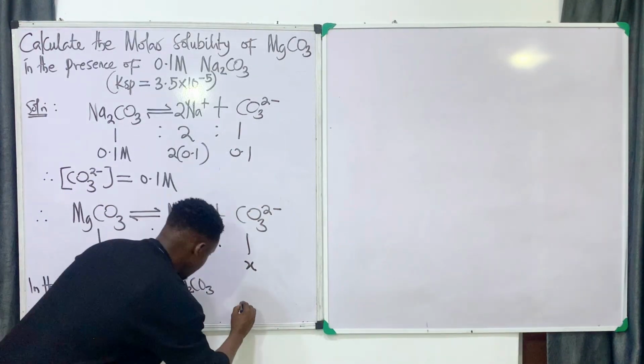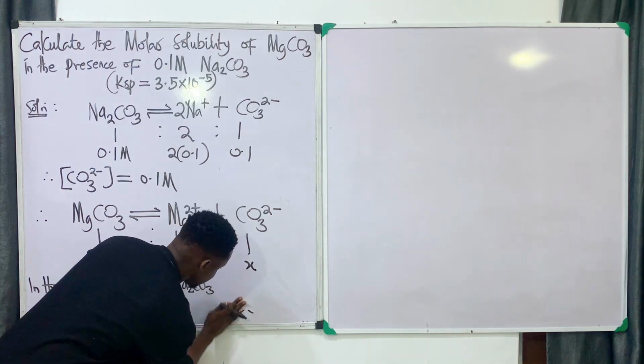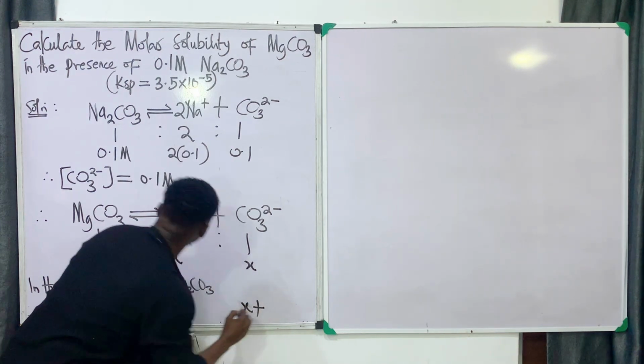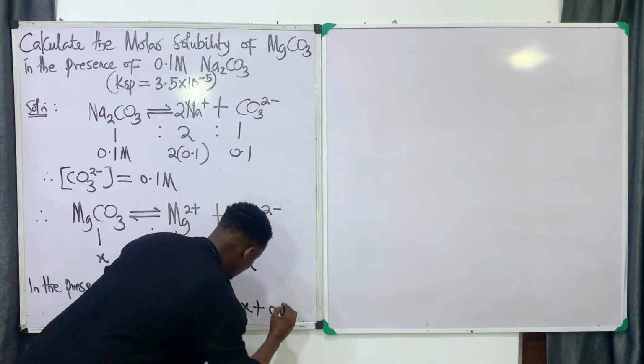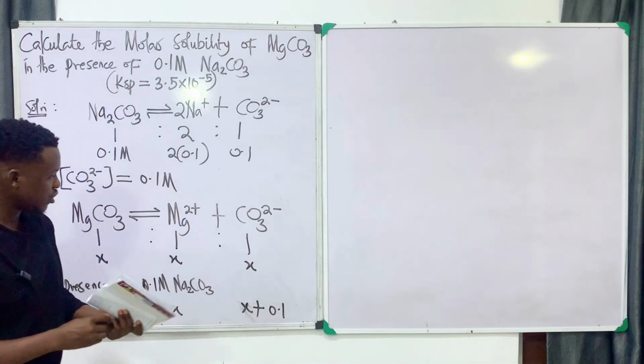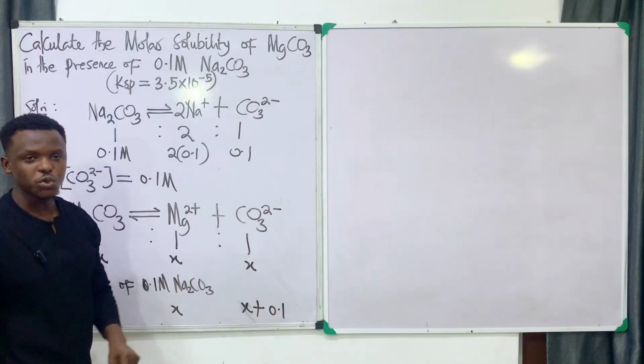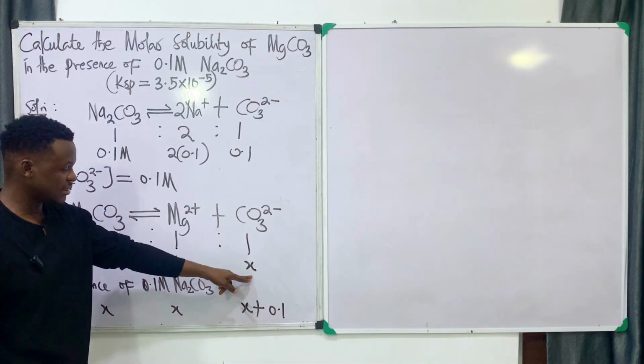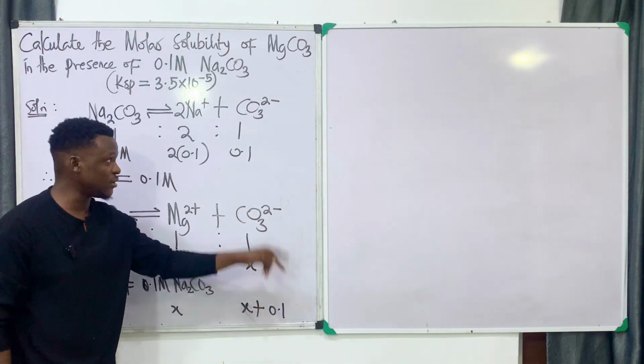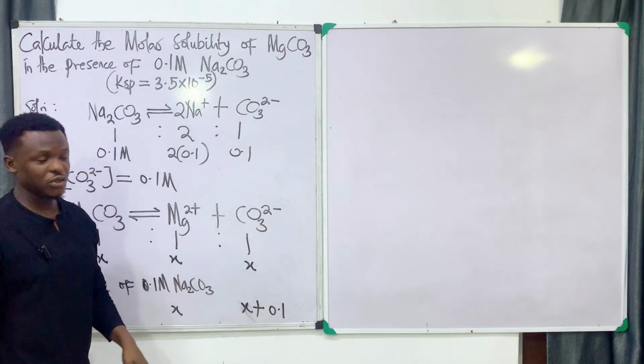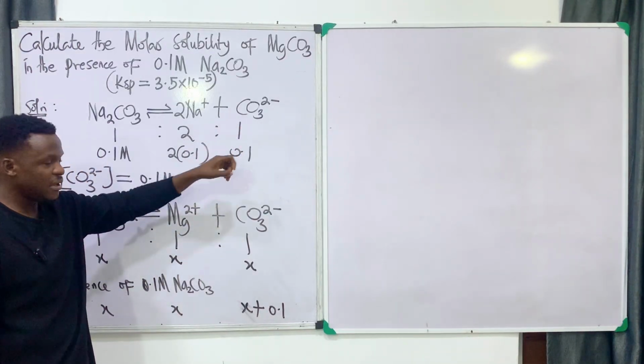So we now have X plus 0.1. So the concentration of this CO3 in the solution will no longer be just X, but now X plus 0.1, because this is also in the solution as well with this, because both of them are dissolved in the same container.